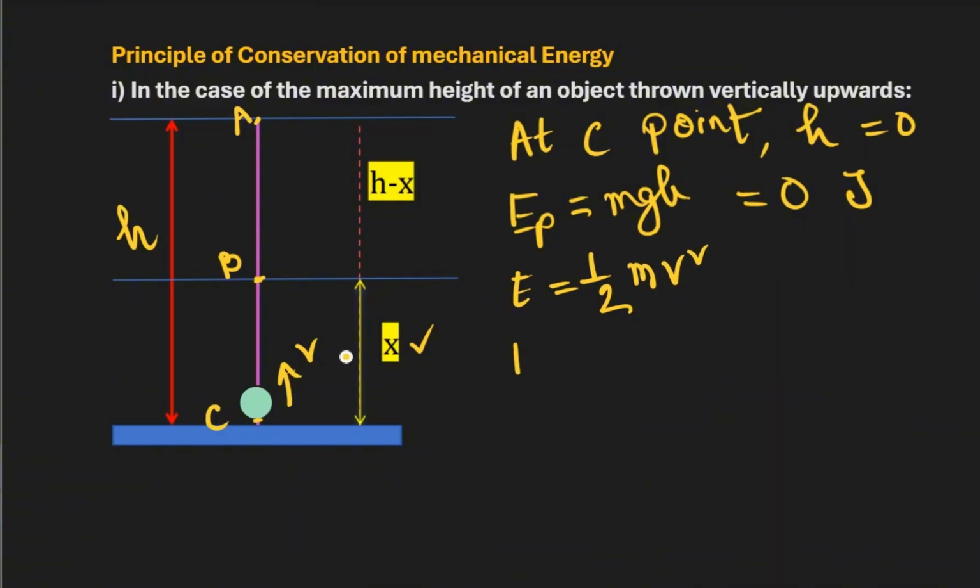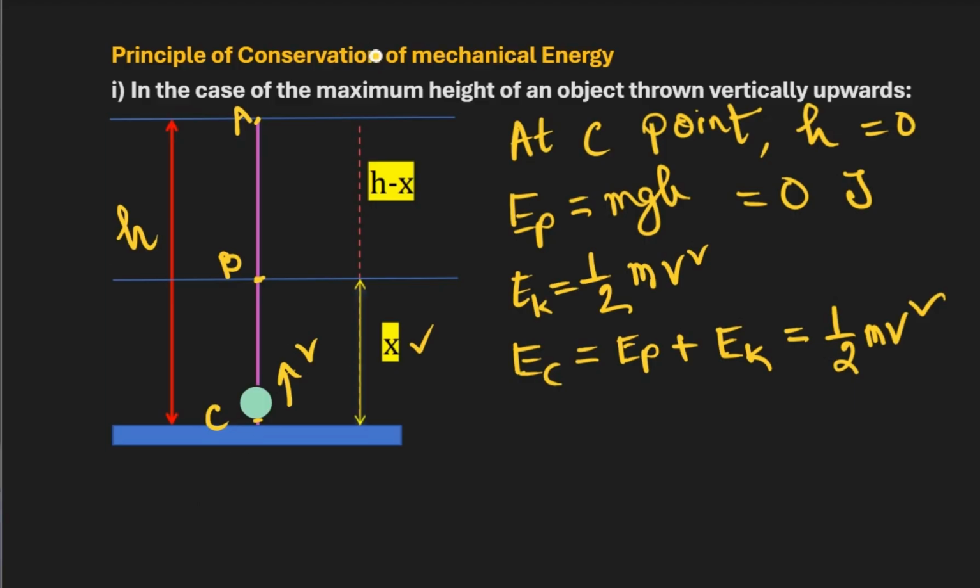So the total energy at point C, Ep plus Ek, is equal to half mv square.